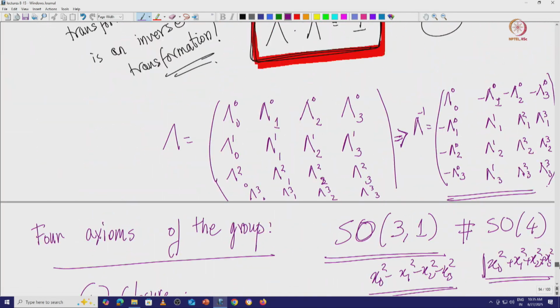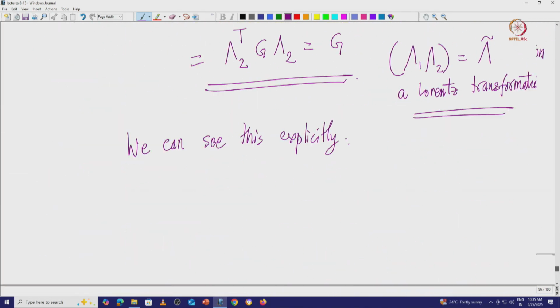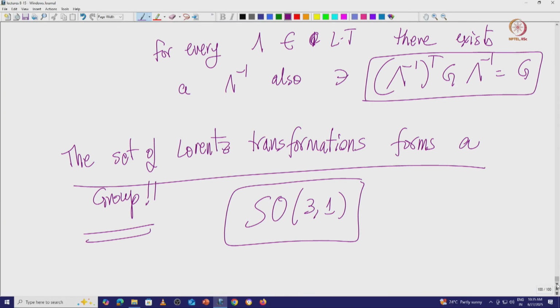Now the question arises: Lorentz transformations form a group, then what has it to do with spinors? We are coming back slowly to that question.